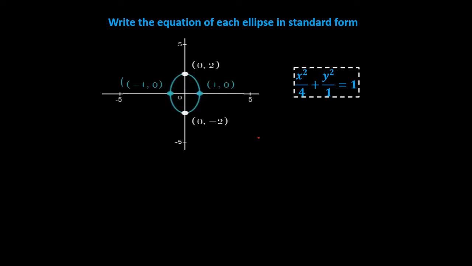Now the major axis is vertical, so my a squared is also 4 but it's under y squared, and my b squared is 1 and it's under x squared. Therefore the equation will be x squared over 1 plus y squared over 4 equals 1. So that's a vertical ellipse.